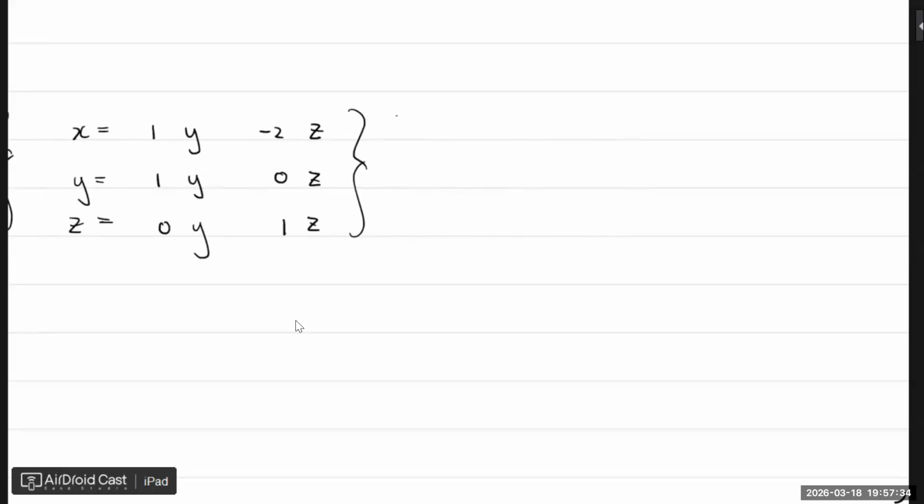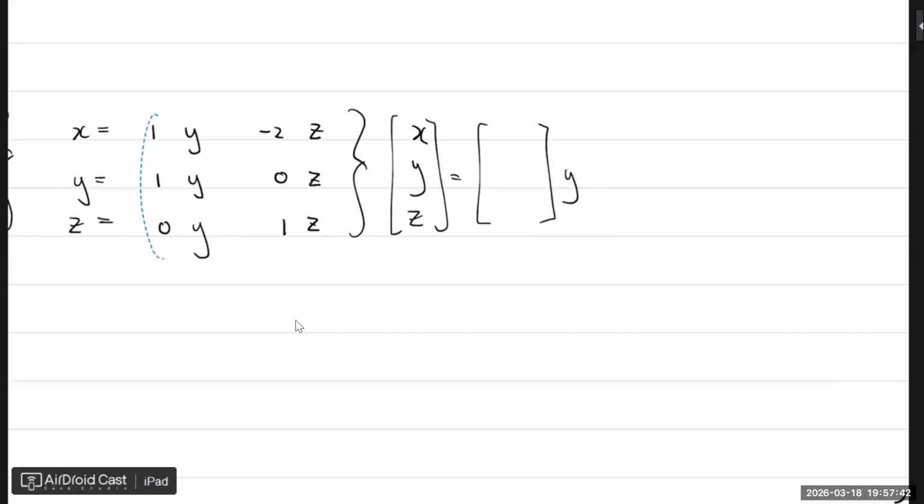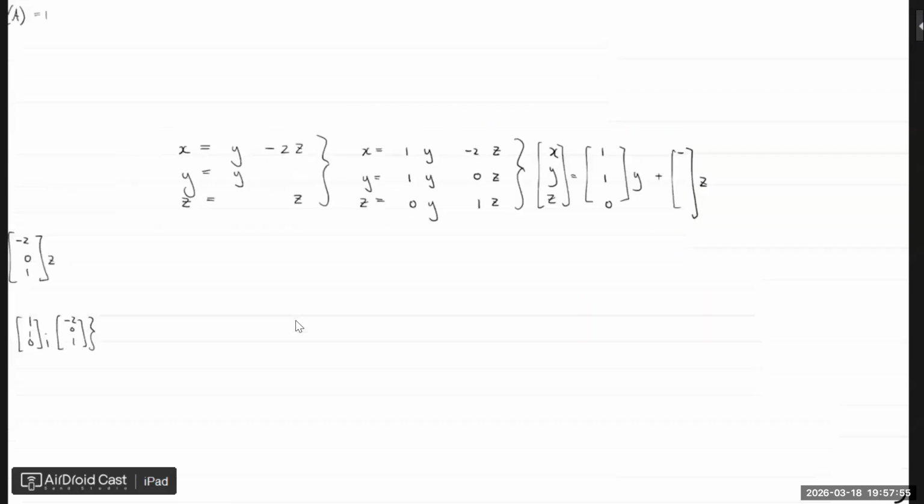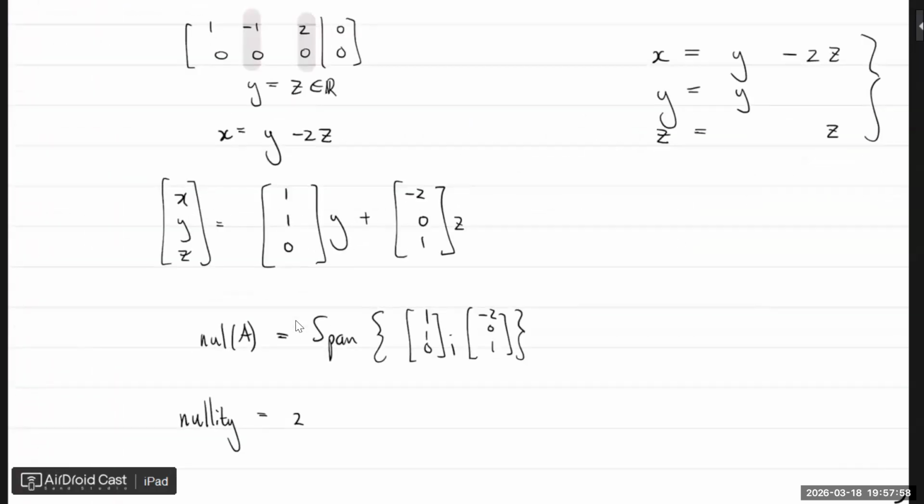So to write it even better, I can say, wait a minute, just take out a y there, then that is just that, and then take out a z there, then it's just that. You see, because in the end, you have x equals this, y equals this, and z equals this. You see.